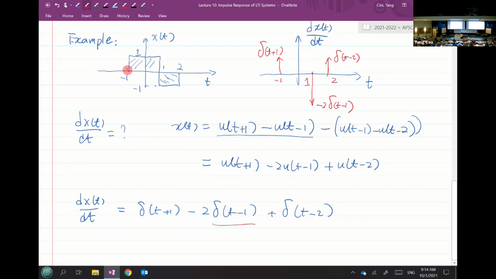Then at this location there's a jump, resulting in an infinite slope, and then it becomes 0 again. Right here you get another jump, but because there are 2 units here, you get 2 units of impulse. And again here you get another jump. That's exactly what we obtained from the mathematical derivation.